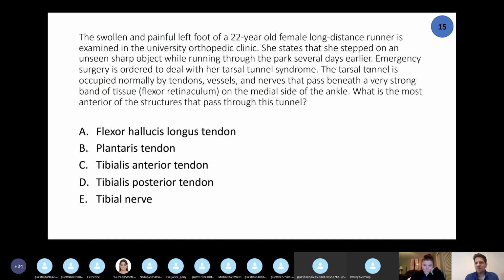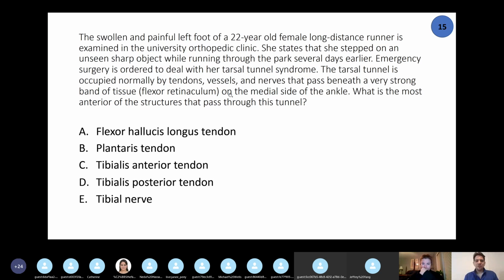Instead of carpal tunnel, we're talking about the tarsal tunnel. But similarly, there's that flexor retinaculum, right? Remember, in carpal tunnel, the flexor retinaculum doesn't really expand; it's tight. It's kind of like a wristband, right? So if you overuse the tendons in the carpal tunnel, it's going to impinge on the median nerve.